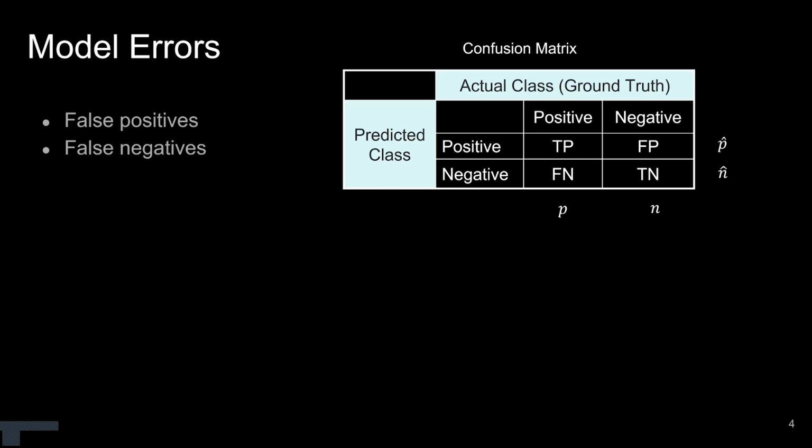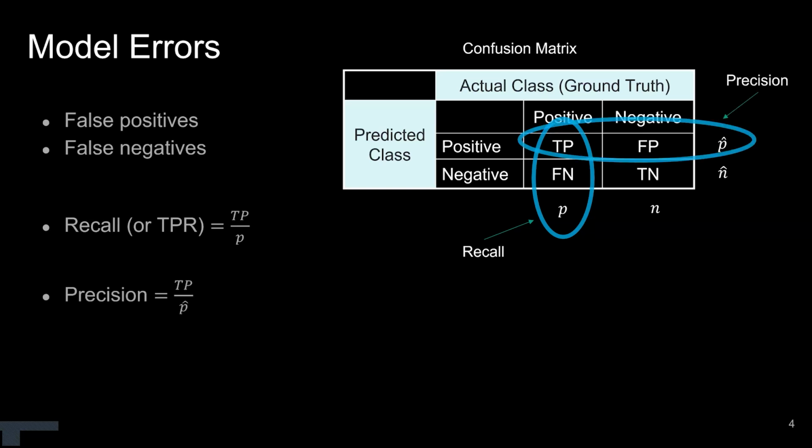The typical metrics that are defined are recall and precision. Precision can be thought of as the overhead on an analyst, whereas recall is the fraction of the positives that are detected. There's also false positive rate, but if you have a very skewed data set, it's a little inconvenient to use because the number of negatives, N, can be very large.